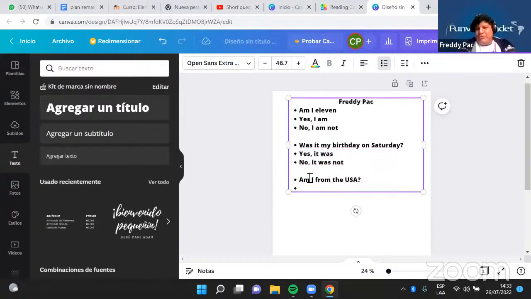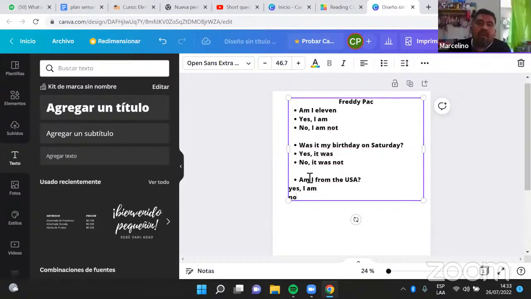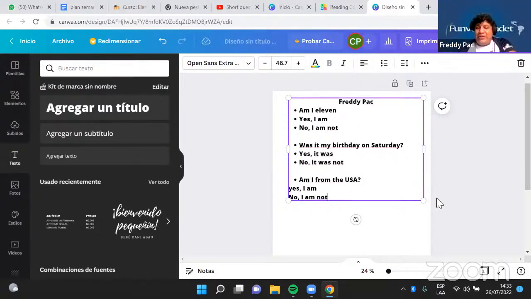What is the option for the answer? Yes, I am. And what is the other option? No, I am not. For example, here I already have three questions. I will do the 4th question.